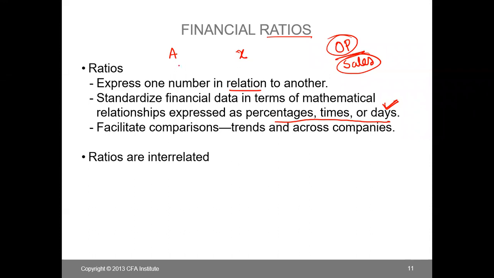So if we have a sales number, say 10 trillion, and 1 trillion for Xiaomi, we cannot say that Apple is doing better in terms of sales relative to Xiaomi, unless we make a ratio, and to make this number comparable.